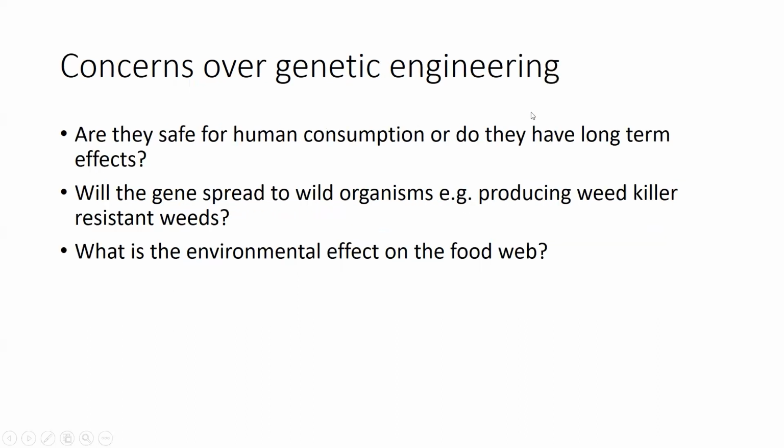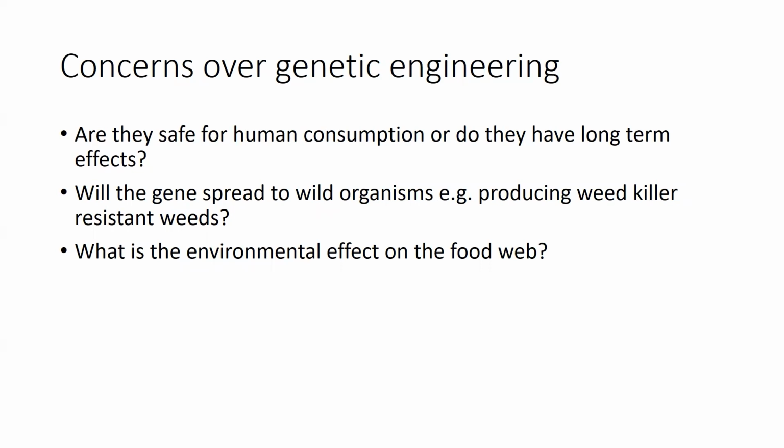Now, there are concerns over genetic engineering, and again, you need to evaluate from the question, but a few things just to consider. People worry whether they're safe for human consumption or whether they have long-term effects that we don't know about. They're worried that the gene will spread to wild organisms, so you might end up with weed killer resistant weeds, for example, from cross-pollination. They're worried about the environmental effect on the food web.